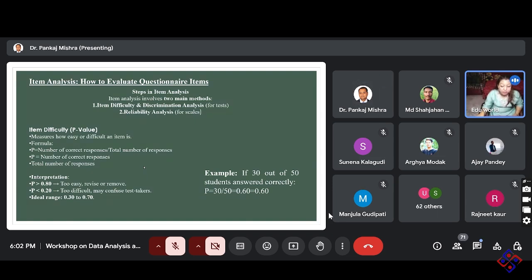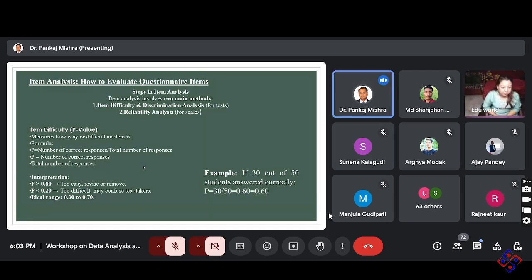The items which are too easy, we have to eliminate, and the items which are too hard, we have to eliminate those. Ranging from 0.3 to 0.7, we will keep only those items. This way we can eliminate or retain the items, not on the basis of the wish of the expert, or on the basis of your own wish.